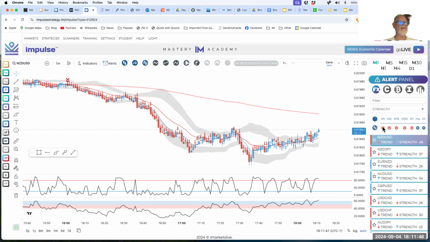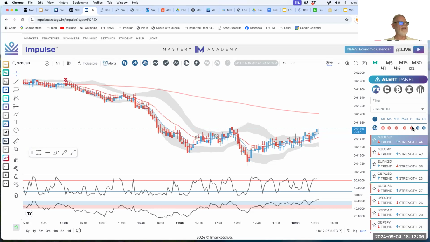That means there's a very strong downtrend on all the lower time frames, and only the 4-hour and the daily show an uptrend. So if you're trading on the 1 minute, you want to see the 5, 15, and 30 all on a downtrend. If you're trading on the 5 minute, you want to see 15, 30, and 1 hour trending down. Then you know you're on a very strong downward trend.